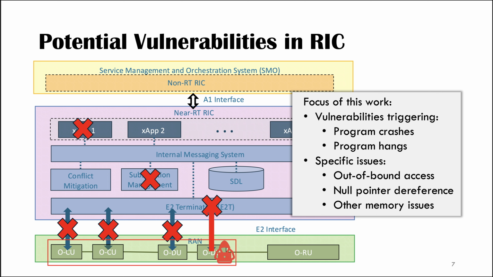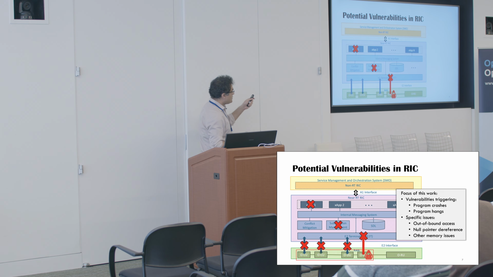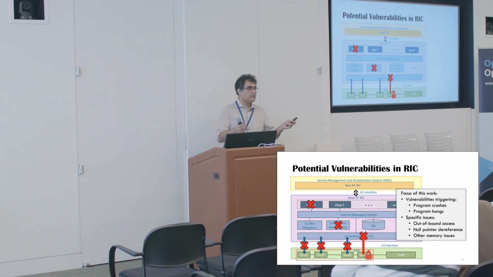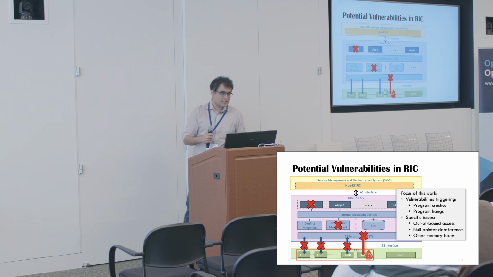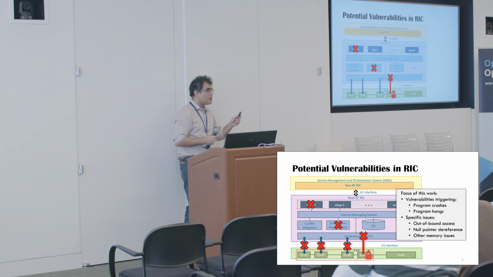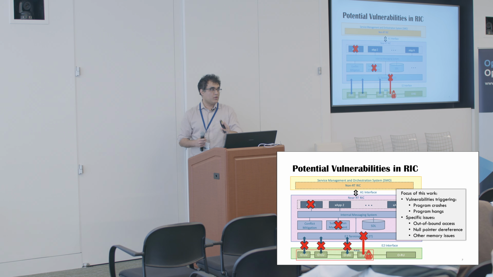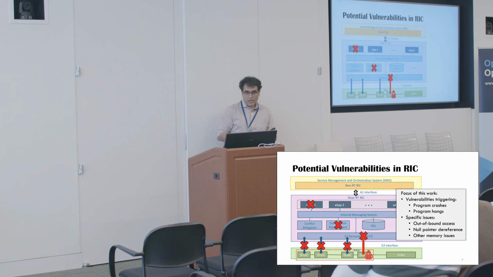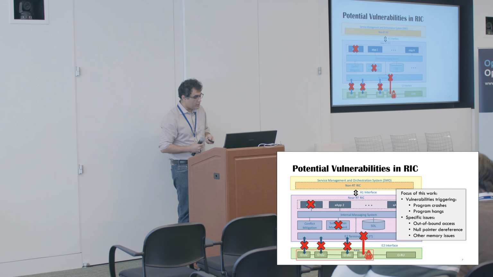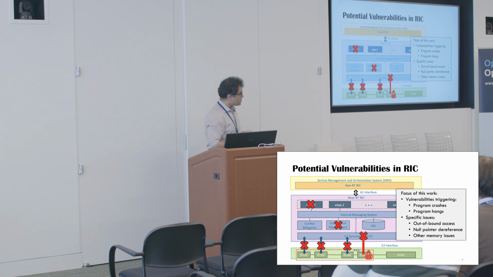That malicious input can cause crashes to the xApps and subscription management as well as E2T. Now, if E2T, which is the gateway to the xApps and RIC, is crashed, then all other RAN components, not only the DU and CU from RAN 1, but also the DU and CU from another RAN, can be compromised. I mean, they can get denial of service attacks. The communication will be disrupted, and no operation will happen.